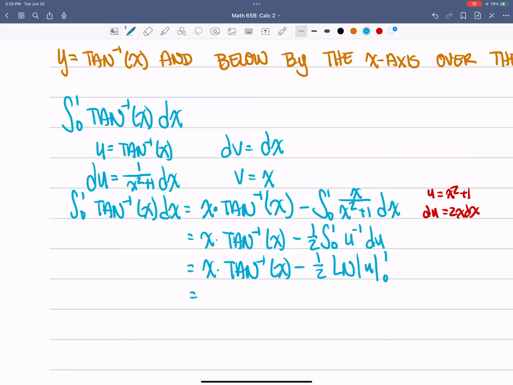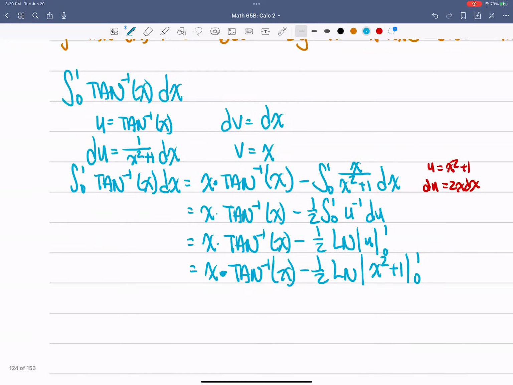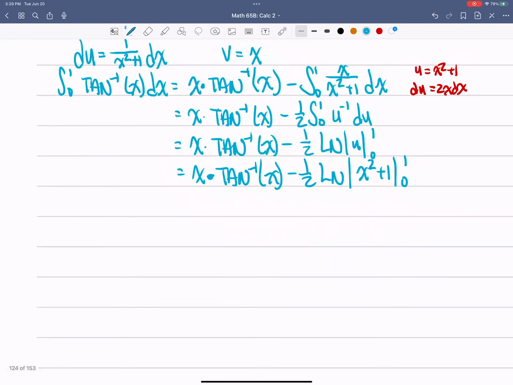Let's substitute u back in. 1 over 2 ln of u, which happens to be x squared plus 1, and we're evaluating from 0 to 1. So now the whole thing is being evaluated from 0 to 1.